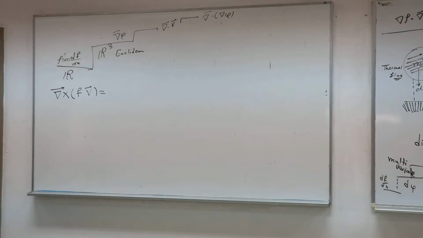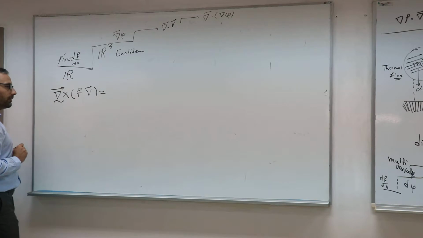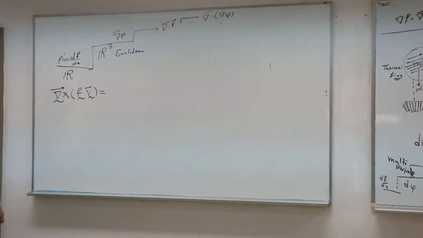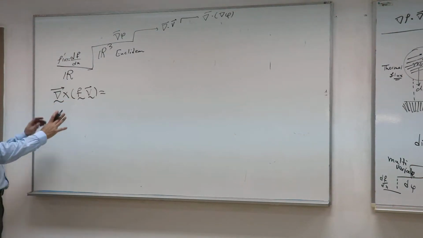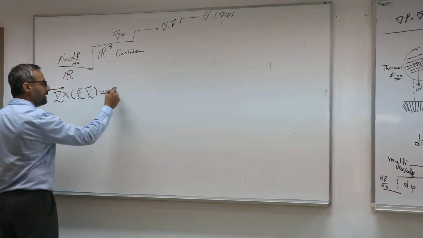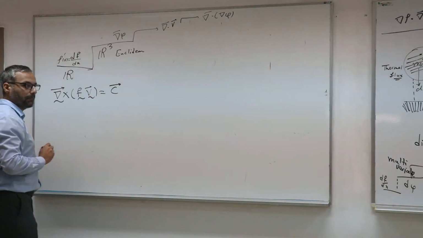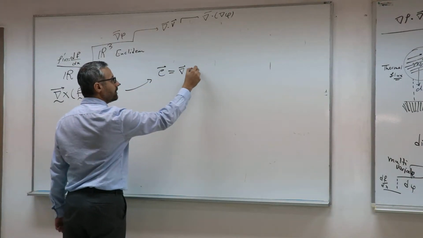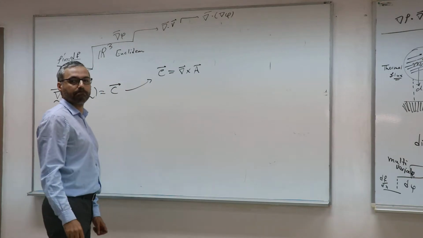If you want to handle such a question, you need to understand one thing: this operator will act over both of them. It's not easy to just take it over that or take it over that. So I want to open that, and how can I do that? I name this vector C. So now C looks like this.